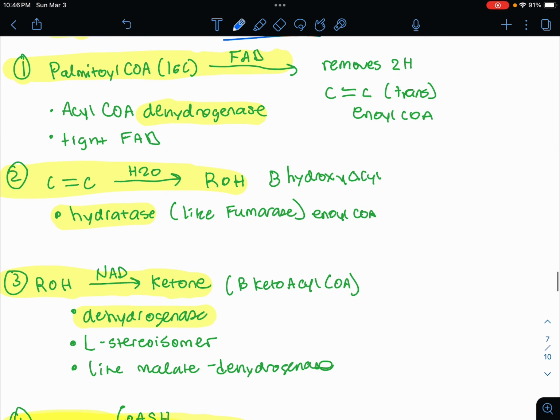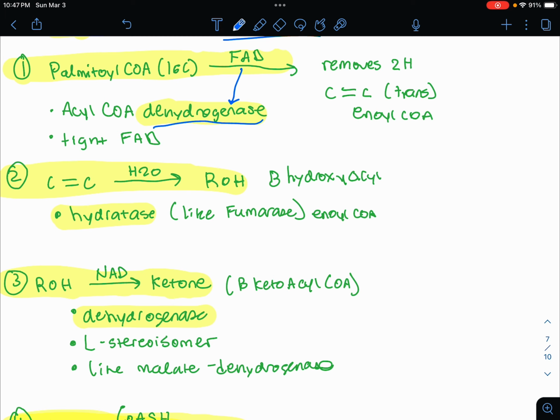All right, so here are the actual steps to beta oxidation of saturated fatty acids. You have this first step here. As an example, we're going to be using palmitoyl-CoA, which is a 16-carbon fatty acid. And the first step goes like this. You're going to have acyl-CoA dehydrogenase as the enzyme. You have a tightly bound FAD molecule on that enzyme, the dehydrogenase, in step 1.